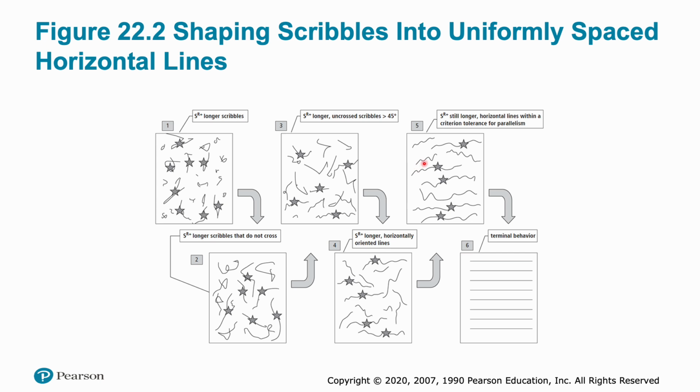Okay, so these don't meet that particular criteria. They're not particularly horizontal. They are slightly increasing, but all of these other ones did receive the reinforcement. Okay, and then eventually they only reinforce the terminal behavior. So after this particular step, only the terminal behavior will receive reinforcement. So only those that are perfectly horizontal are going to result in them receiving little stars.